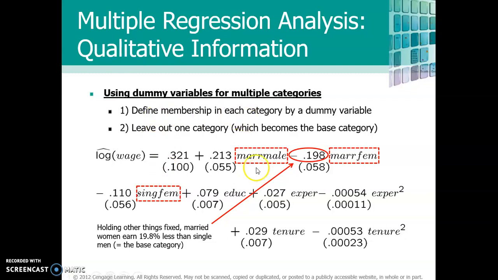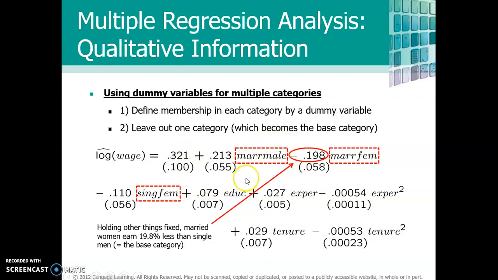Let us look at this example where we are estimating the wage equation and looking at marital status. Here we have multiple categories: married male, married female, and single female. What does that mean? It means that the single male is left out, so the single male is used as the base category for this model.